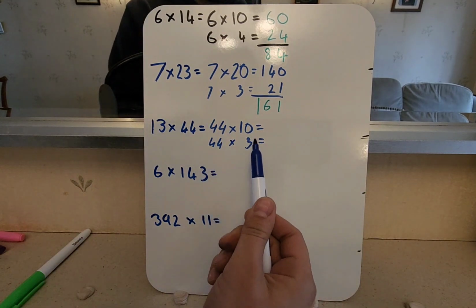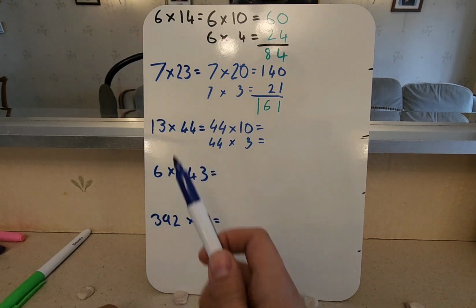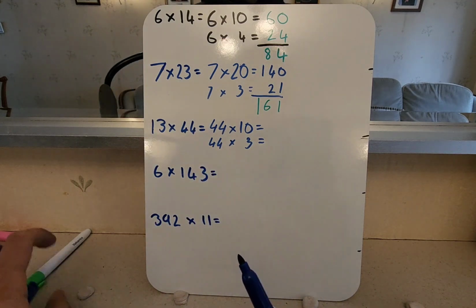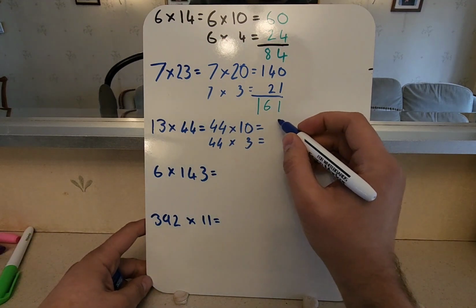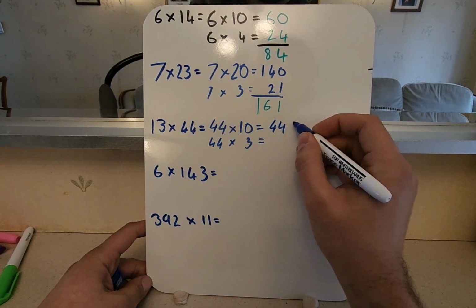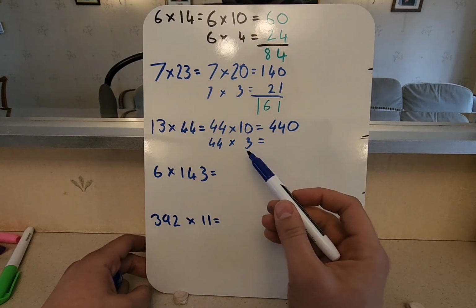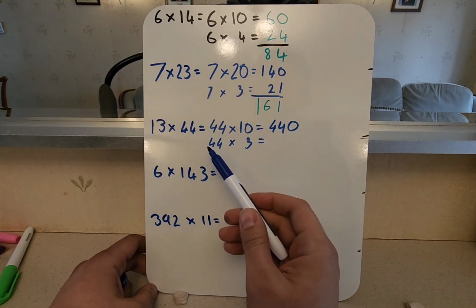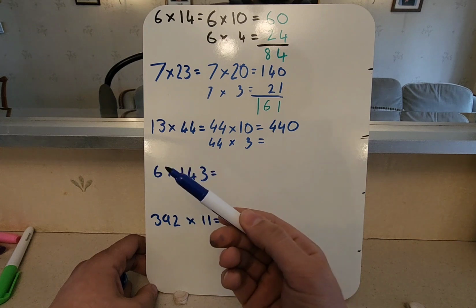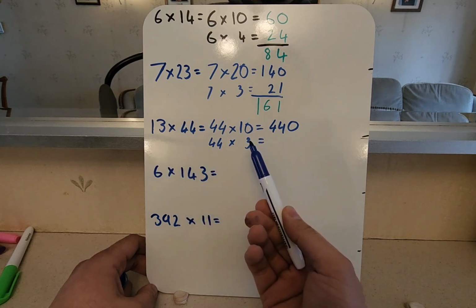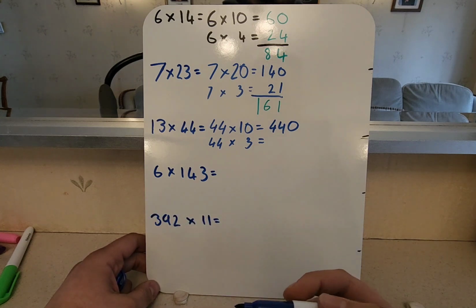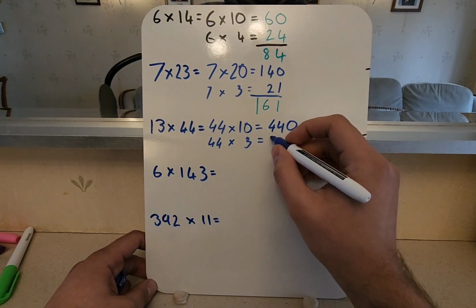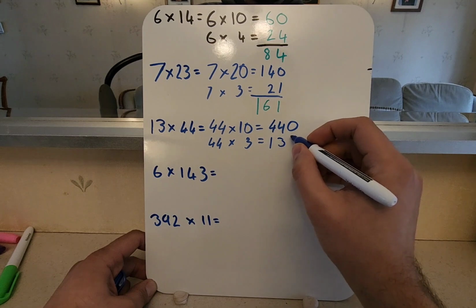Considering this is just 3 times 4, add 3 times 40, we should be able to do that level of partitioning in our head. So this here is 440. Now 3 times 40 is going to give me 120. Add 3 times 4, which is 12, which means my answer will be 132.